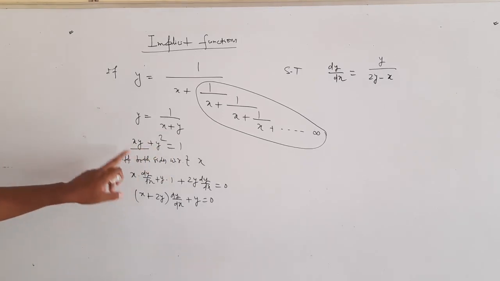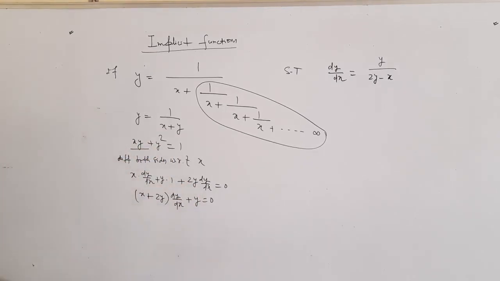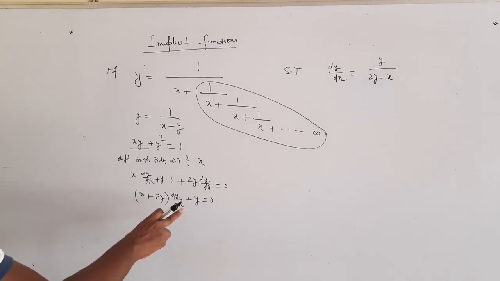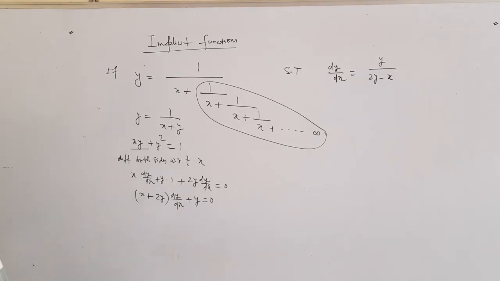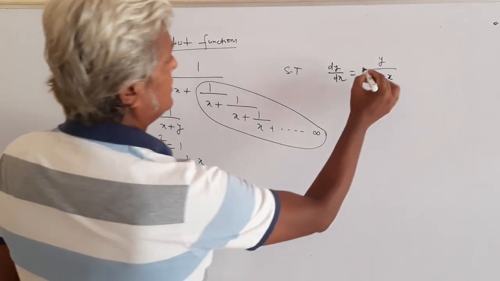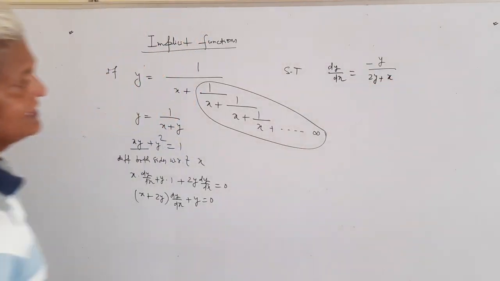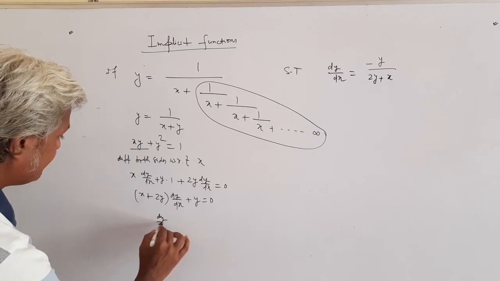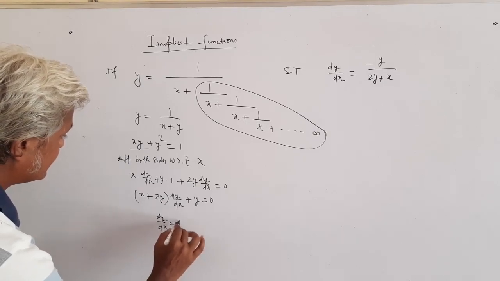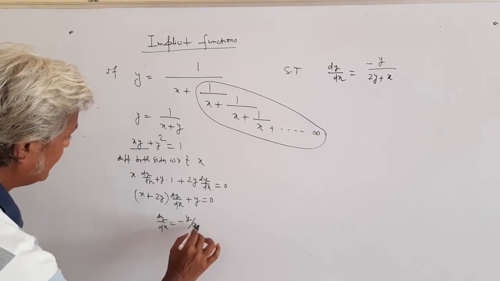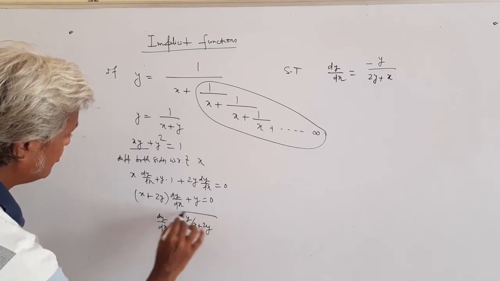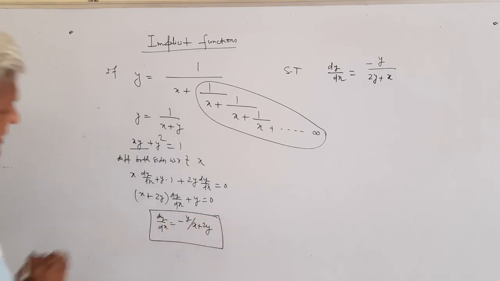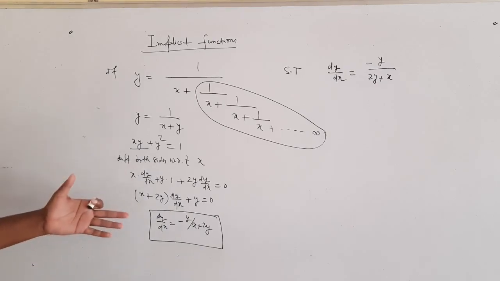So you are getting plus only, so it means the answer will be minus y over, the answer should be like this. So here we have dy by dx is minus y over x plus 2y. This is what the answer is. So this is all about this question.